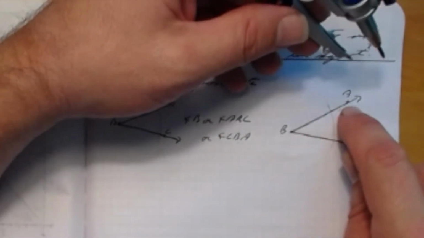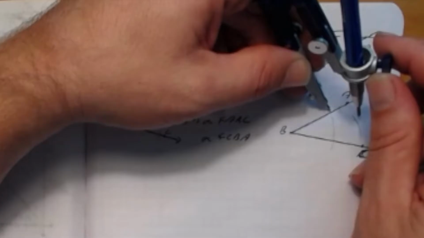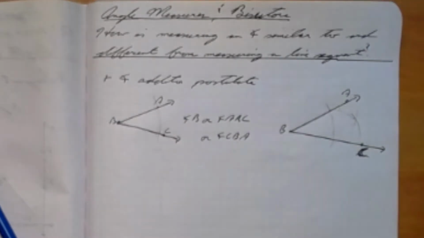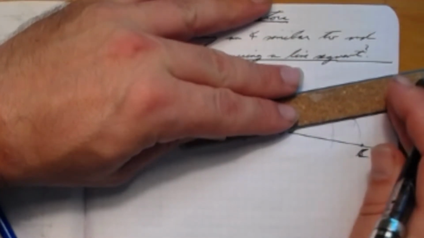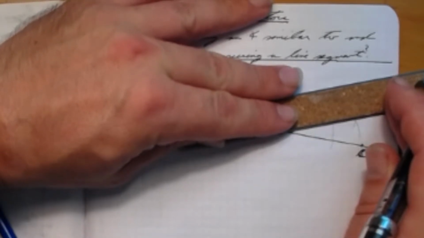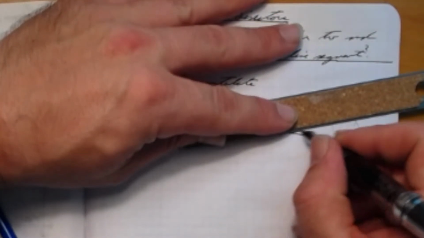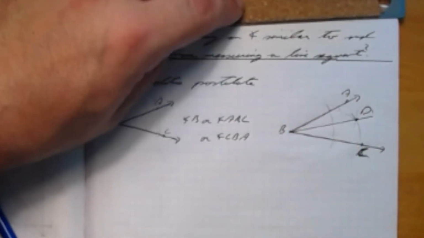I'm going to do the same thing at my AB ray and the intersection of my first arc. Those two, that intersection connected with B cuts this angle in half. So we're constructing an angle bisector on paper. And let's call that point D.